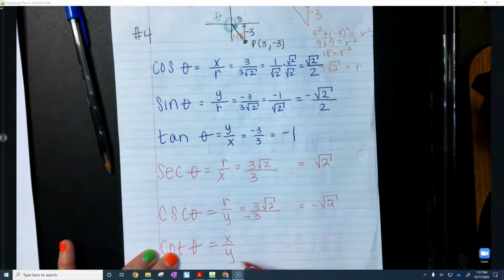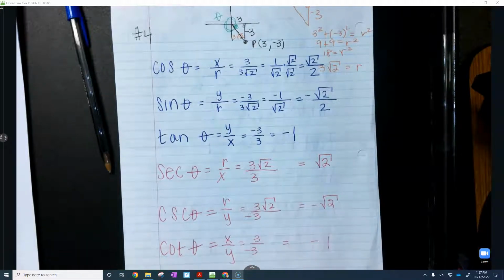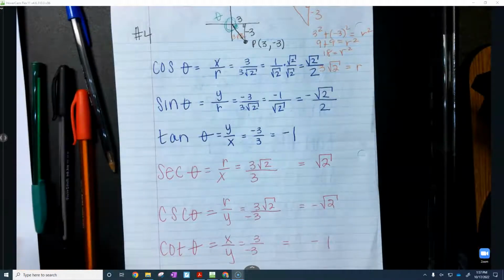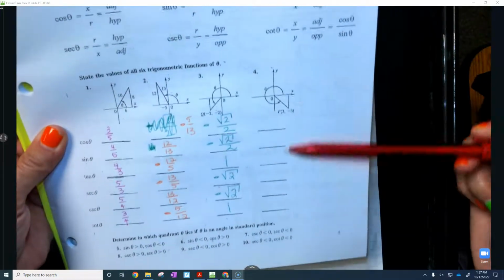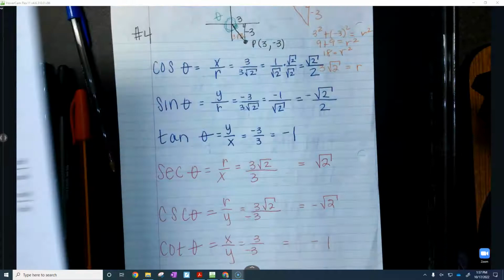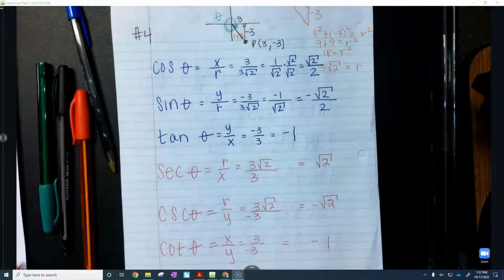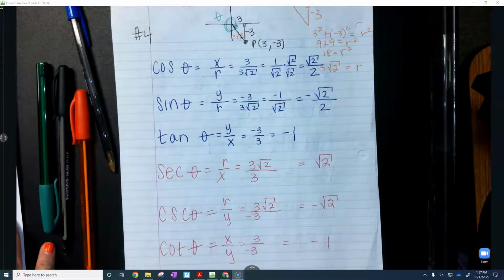Down here for cotangent, x divided by y, that's just a -1. And then, I don't know if you guys remember, but remember we were writing these in our packet? Let's write these here in this column. Open up that packet. And you probably don't remember, but I asked you to bold out the negatives. That matters.